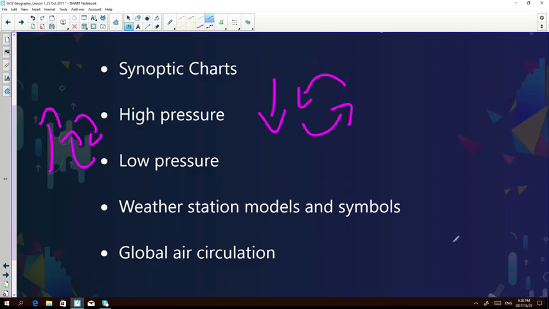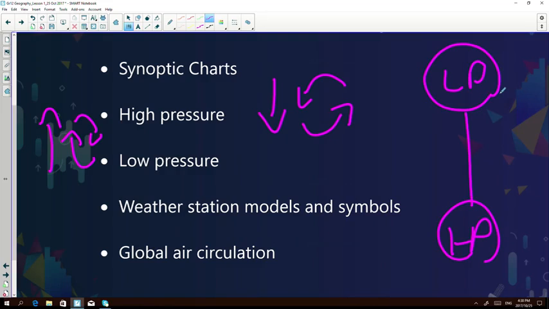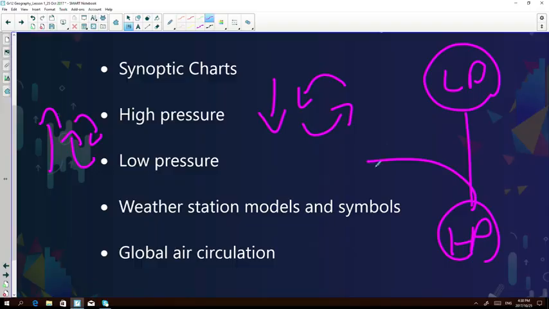But very importantly, air doesn't just move from that high pressure to the low pressure, because we have a force, known as the Coriolis force, that deflects the wind. This wind is deflected because of the rotation of the Earth around its own axis, and that deflection is to the left. And that creates the polar easterlies, the westerlies, and the tropical easterlies.